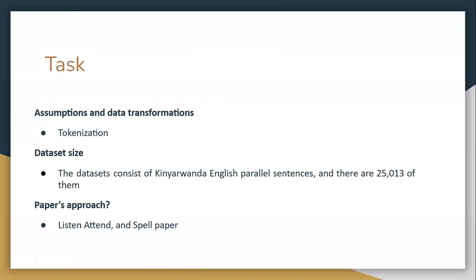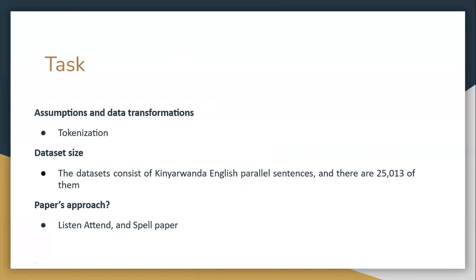Okay, thank you. To achieve our goal of translating, after acquiring the data, we had to do data transformation. The data acquired was letters and sentences, so we had to tokenize them so our model would understand them.